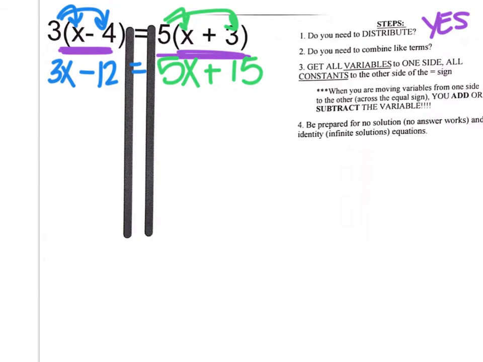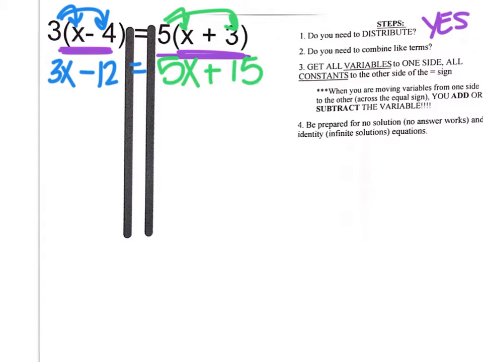I could move this 5x to the left-hand side. But then when I do that, it would give me a negative number because I would be subtracting 5 from both sides. But if I move that 3x over to the right-hand side, much different. Then I'm going to be left with a positive number.